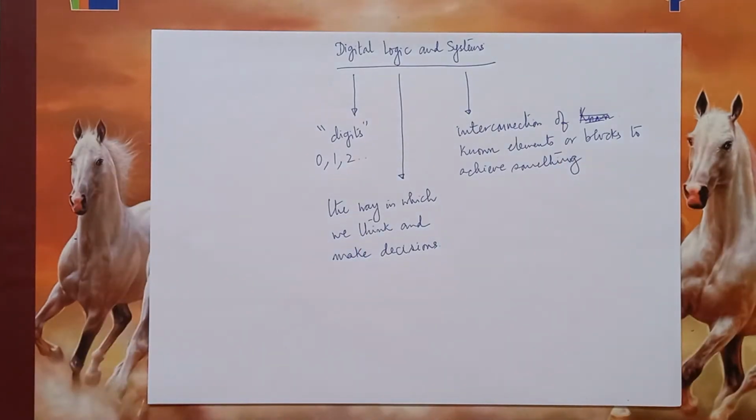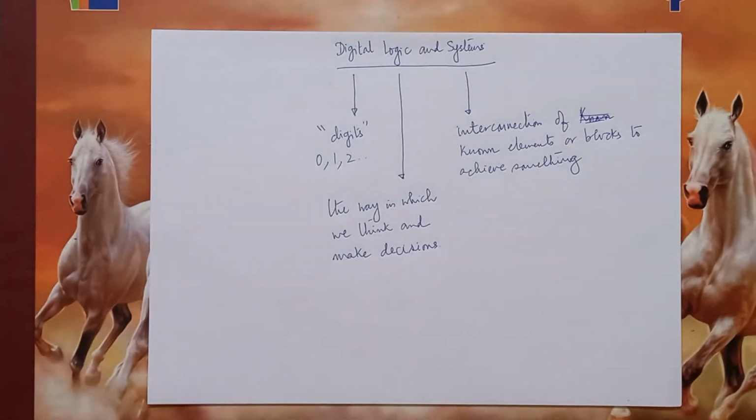For example, an amplifier is a system. It consists of multiple known elements, for example, transistors, resistors, and so on. And they are connected in a particular manner to achieve something, that is amplification.